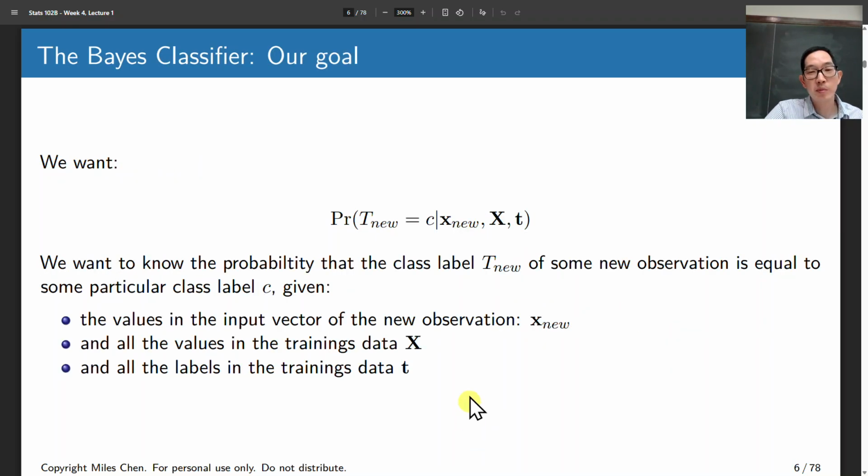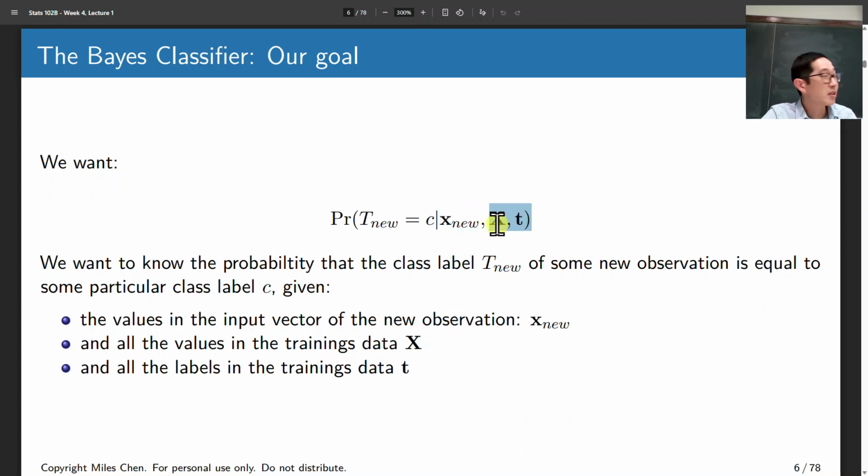And so what we want to do is find this conditional probability: what is the probability that the new observation belongs to a certain class C, given the values in its X variable, along with all of the training data?